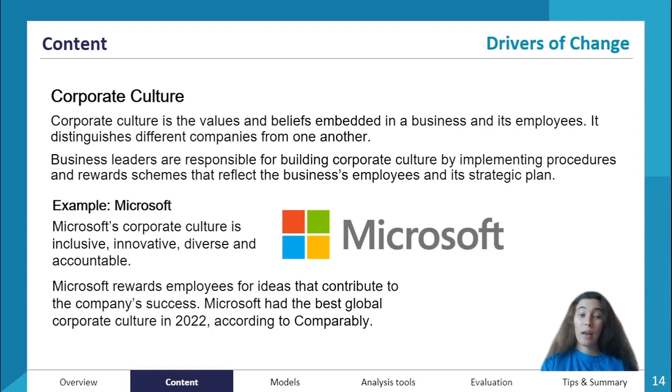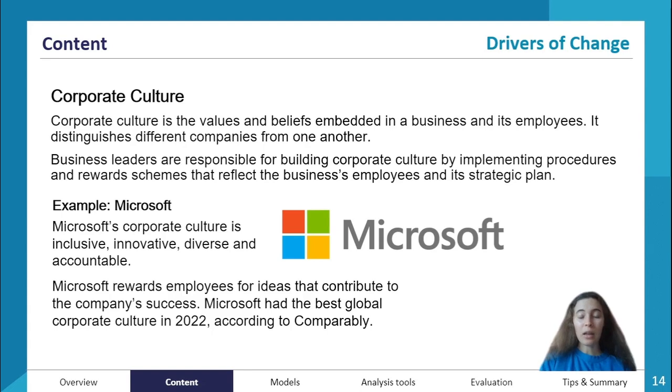Their corporate culture is said to be inclusive, innovative, diverse, and accountable. Diversity is something that's really important these days. We want to have a whole bunch of different people who are reflecting our broader society, and we want to be inclusive of everyone.